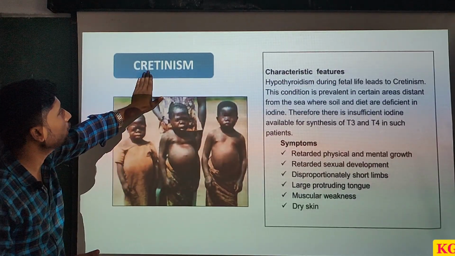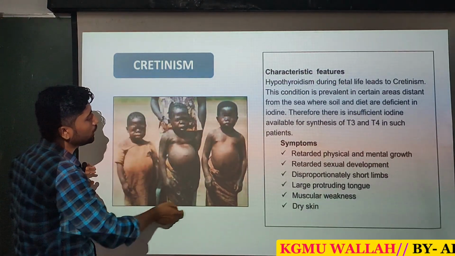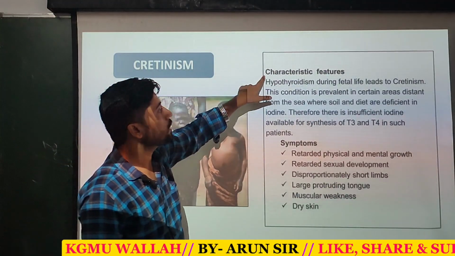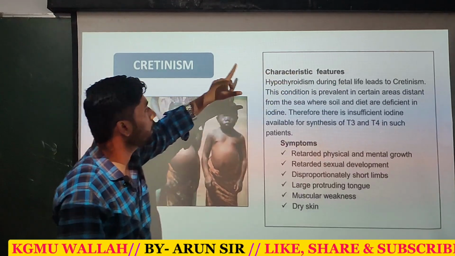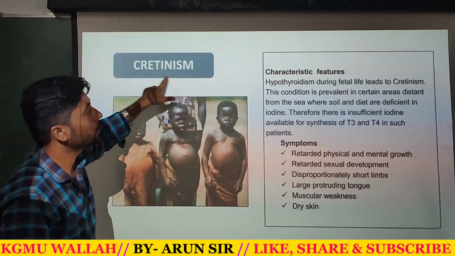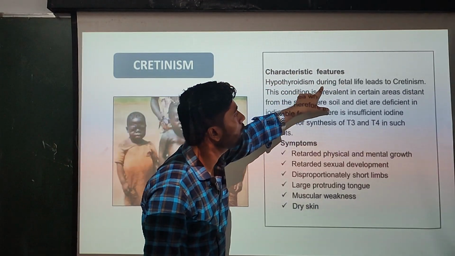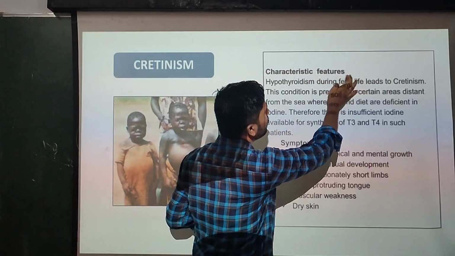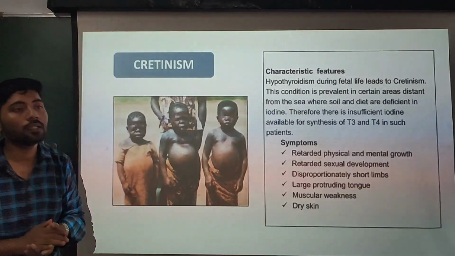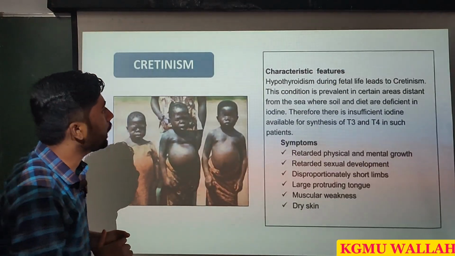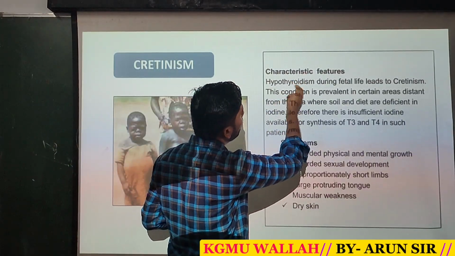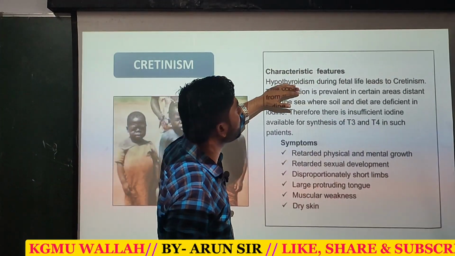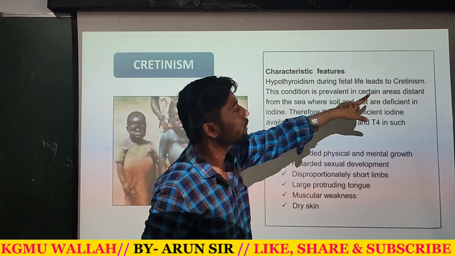First, that is cretinism. You can see this patient is suffering from cretinism. If you talk about the characteristic feature of cretinism, hypothyroidism during fetal life leads to cretinism. At the time of fetal life, means the baby is inside the uterus, the secretion of the thyroid gland is decreased, that is hypothyroidism, then it leads to cretinism.